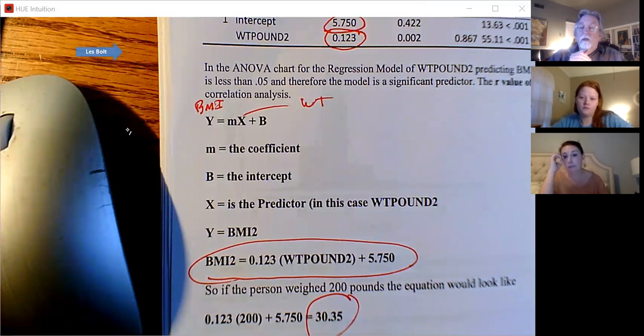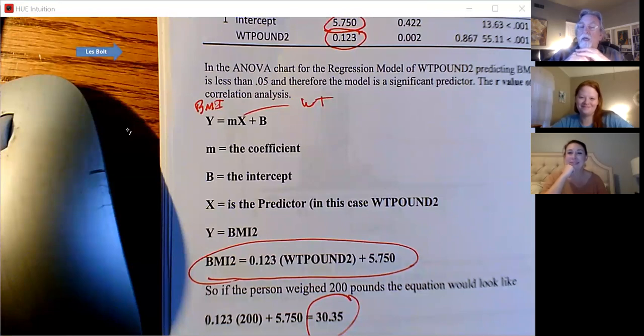I know that because I lost 40 pounds in the last year and a half, and I went from technically obese to now I'm only moderately overweight. So categories are important to understand, what they mean to people. And so we can predict BMI from weight, what we'd expect to see.